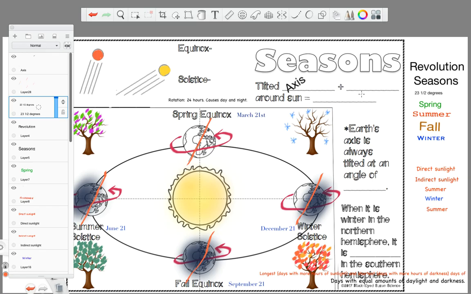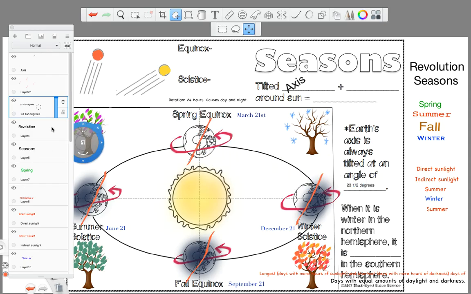And this tilt that we're talking about is 23.5 degrees, and it never ever changes. So I'm just going to move this so your eye catches it so you can see where it goes. Earth's axis is always tilted at an angle of 23.5 degrees.